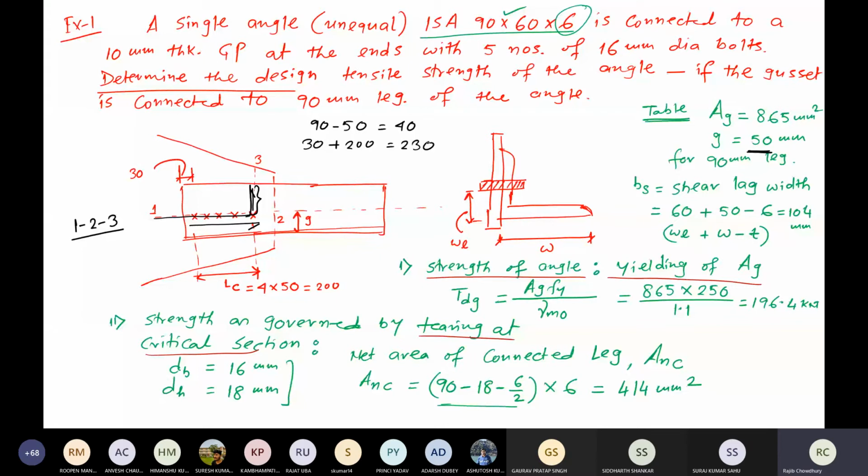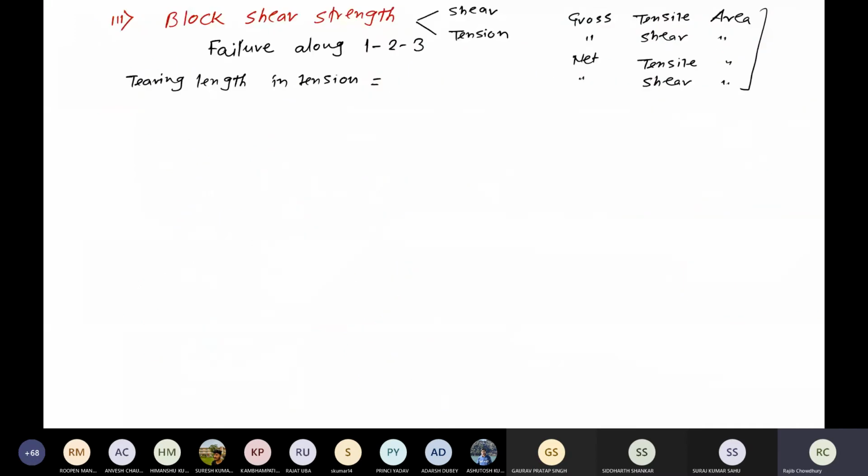Let me write it down. The tearing length in tension would be 40 mm and the shear length is equal to 230, where 230 comes from 30 plus 200 mm.